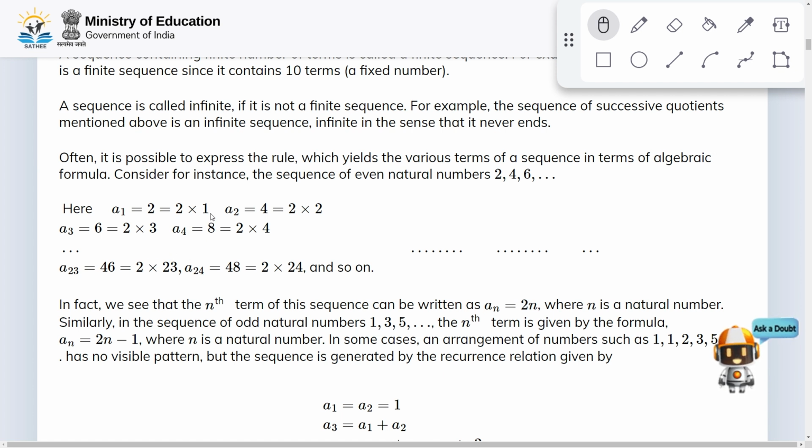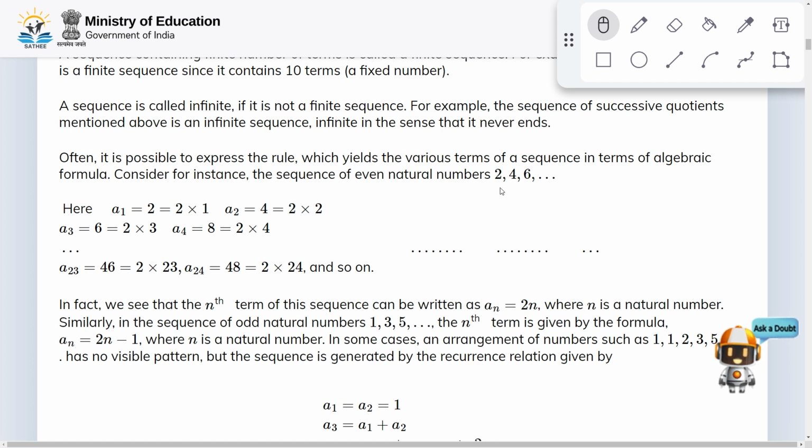Here you can express this sequence using some rule, so that you can answer what the term will be at the 100th position. Sometimes it is possible to express some kind of rule.